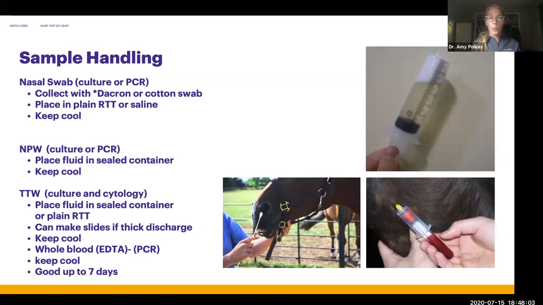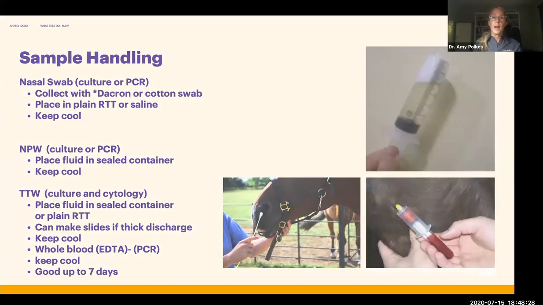And transtracheal wash, same thing. You can place it in a sealed container or a plain red top tube. If you've got some really good stuff, I recommend that you make some slides if you have some thick discharge, and you could send in the sample plus the slides. I try to keep that cold. And whole blood, EDTA for PCR, just keep it cold, and it's good up to 7 days.